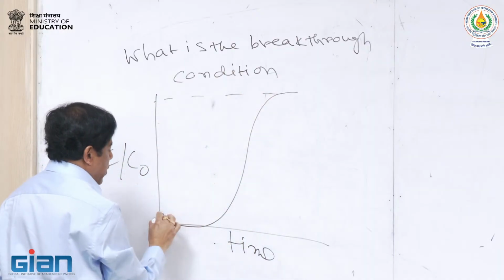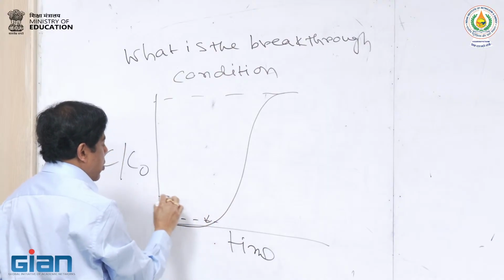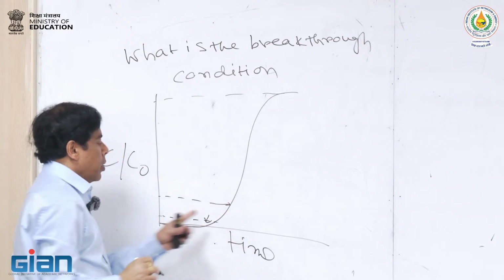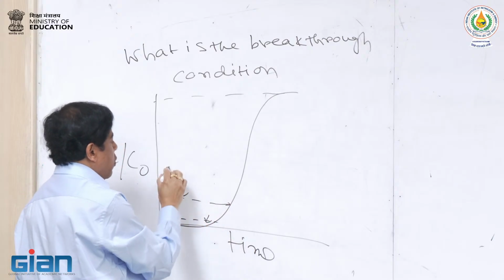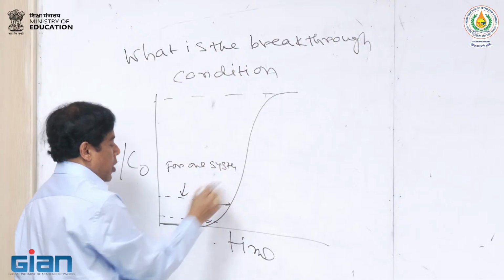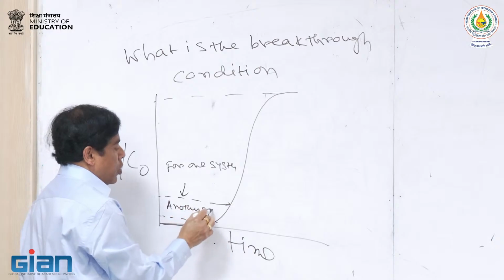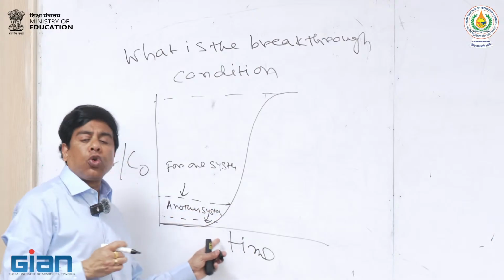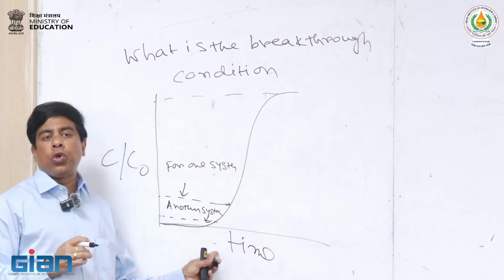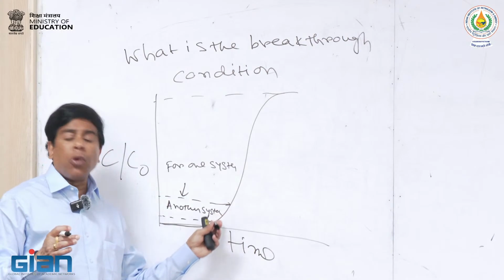So if I plot this and say C over C naught, and this is with respect to time, you may say, well, this goes to 1. You may say, for my system, this is the breakthrough. It may be breakthrough here for another one. So maybe for one system this, and for another system that.